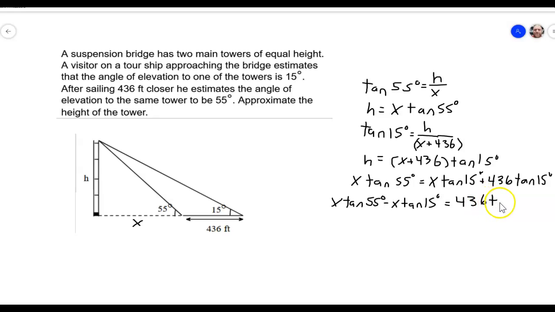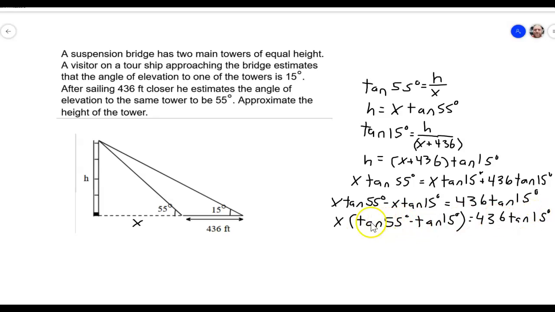And that's going to be equal to 436 tangent of 15 degrees. And then I can factor that x out. So pull the x out. x times tangent of 55 degrees minus tangent of 15 degrees is equal to, this is quite a problem, huh, 436 tangent of 15 degrees.